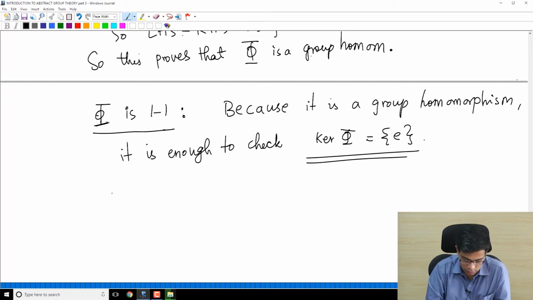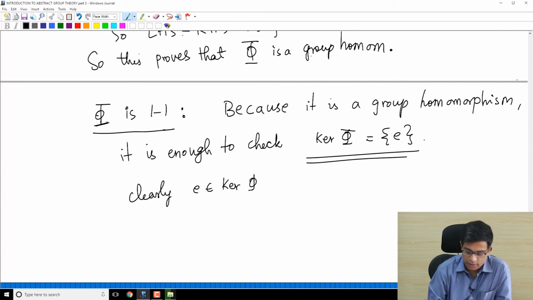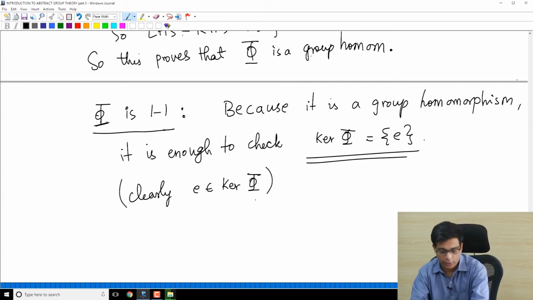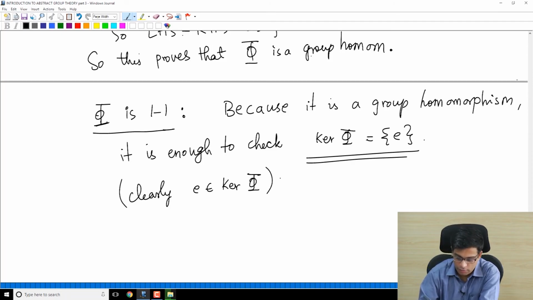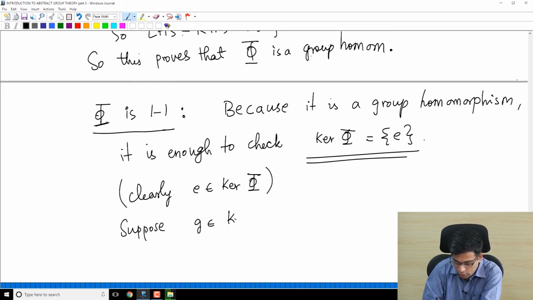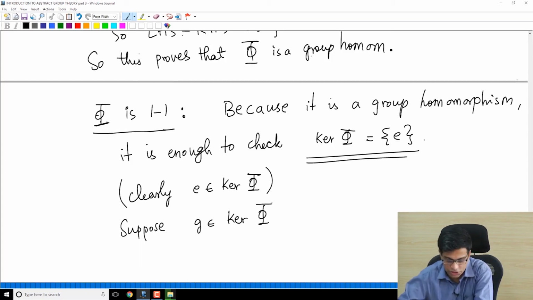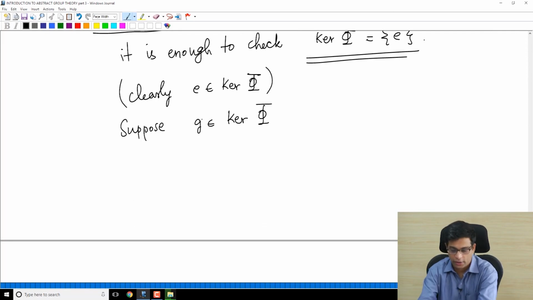So clearly e belongs to the kernel of Phi. Remember, this requires no additional statement because this follows immediately from the fact that Phi is a group homomorphism. So it sends identity to identity. So we need to check the opposite inclusion. So suppose g belongs to the kernel of Phi. The kernel of Phi is a subgroup of capital G. Let's take a small g in it.